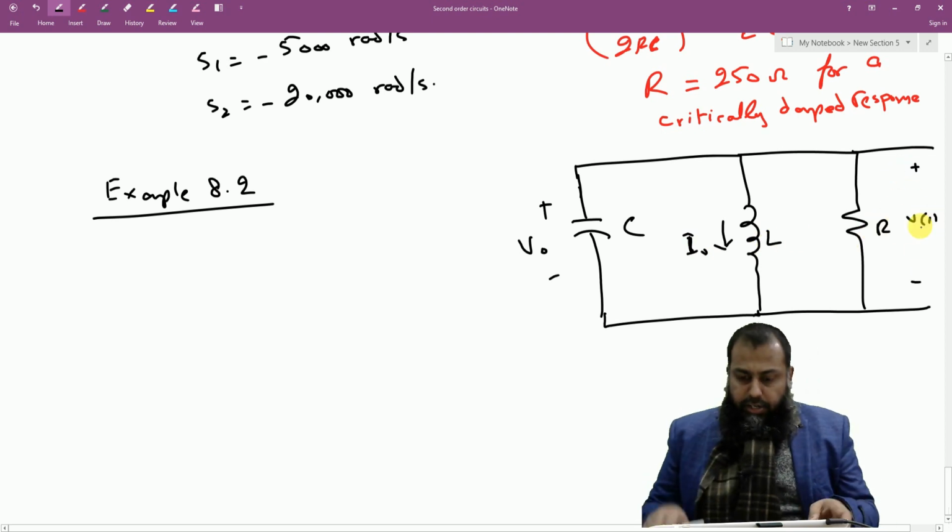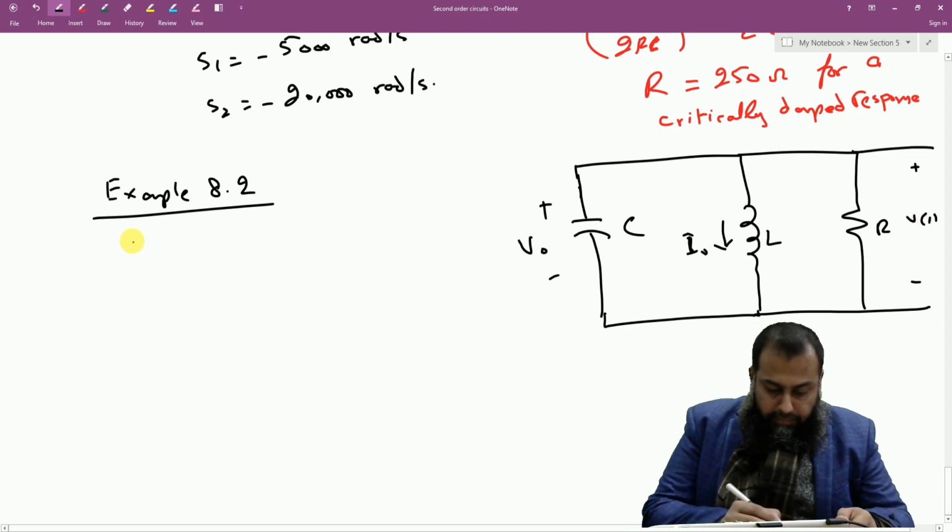Now the initial conditions provided here are that V naught is equal to V naught 0 negative is equal to 12 volt.